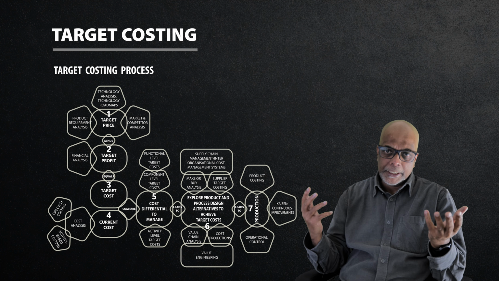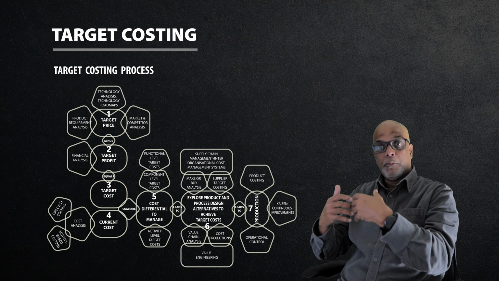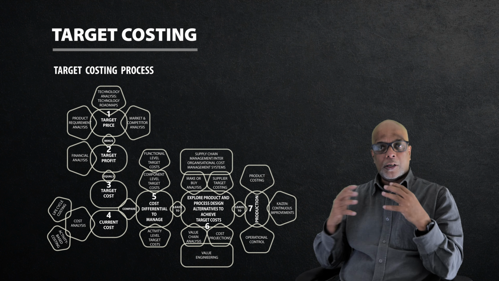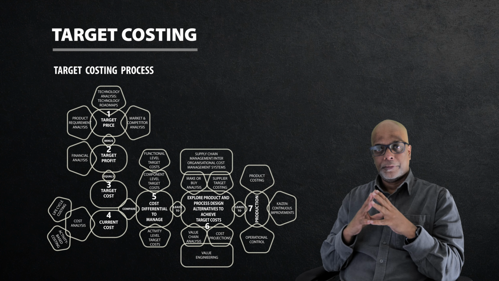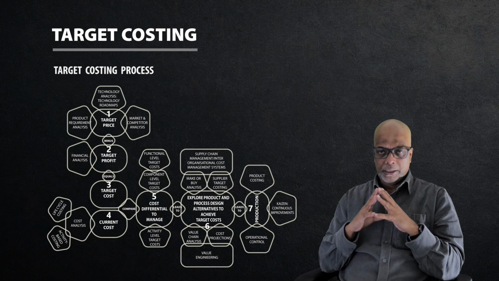On the one hand, it can be considered as a pricing technique. On the other hand, more broadly, more strategically, it is a cost management framework. So that's the end of chapter 3.